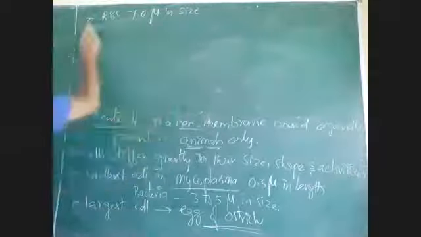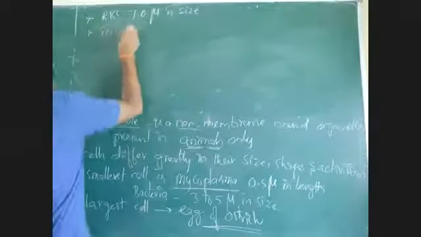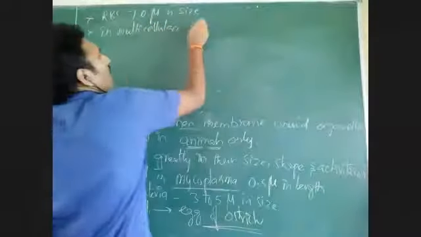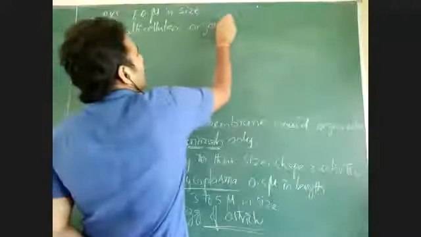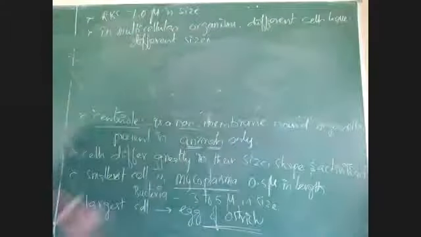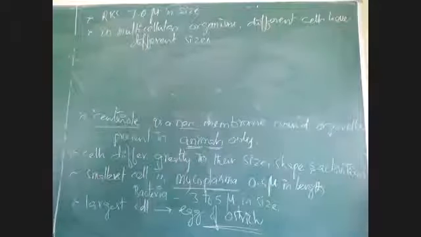That is the point. In multicellular organisms, different cells have different sizes. RBC has 7 microns, but some other cells may be very long cells.